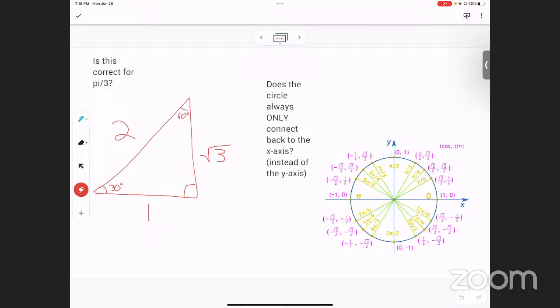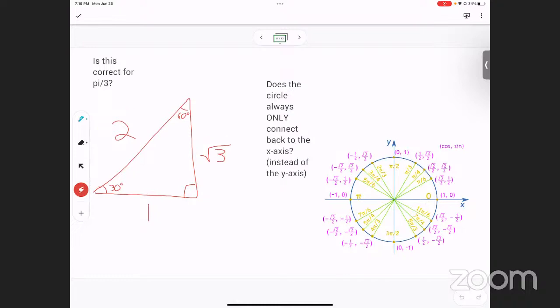Okay. Did you know what the answer for this is? Did you do this right? Can you tell me? Yeah, I think so. All right, so let's find out. If this is 30 degrees, and this is, oh wait, 60. Which of these three has got to be the smallest?